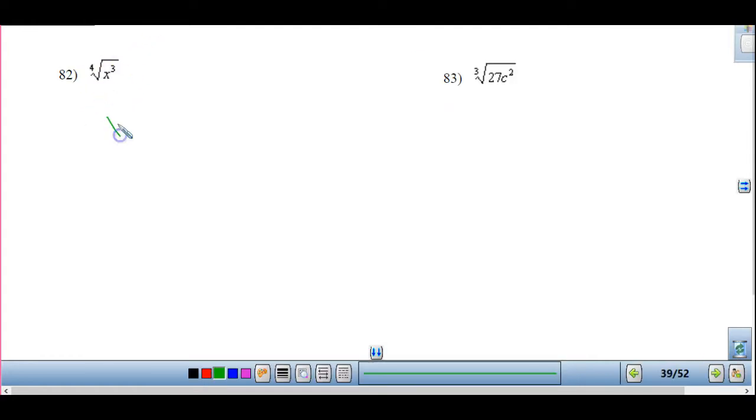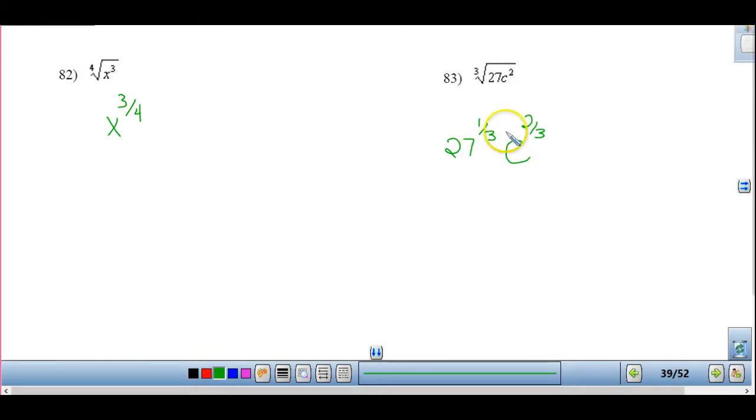All right, same thing here. We've got x to the 3/4, top over the bottom. All right, 27. There's nothing on it, so that's 27 to the first, so 27 to the third, and c to the 2/3.